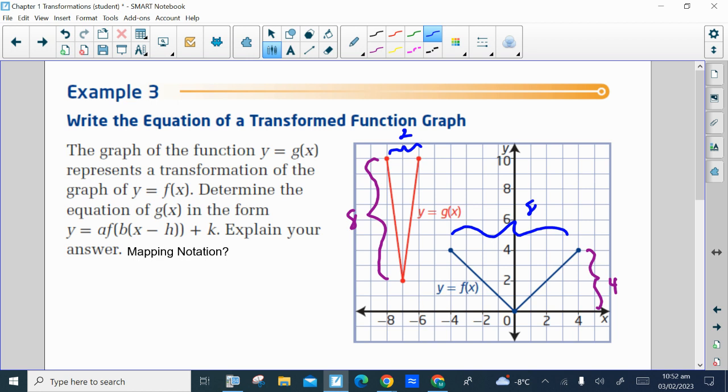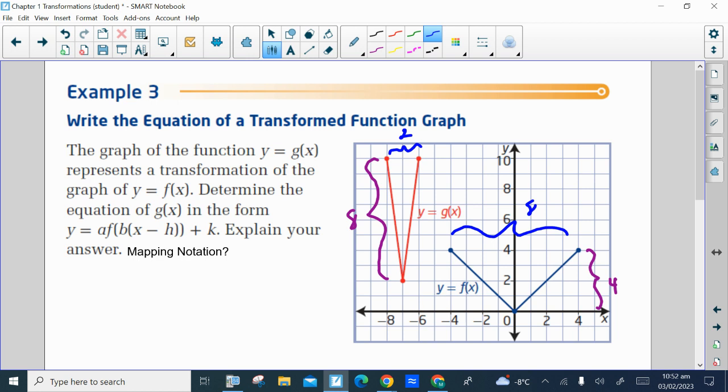Also, the graph has been shifted. The cusp moved. Instead of (0, 0), the new cusp is at (-7, 2). So the graph also went to the left 7 units and up 2 units.